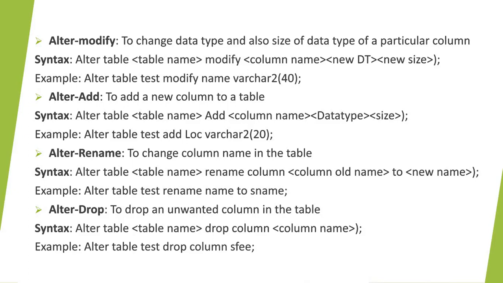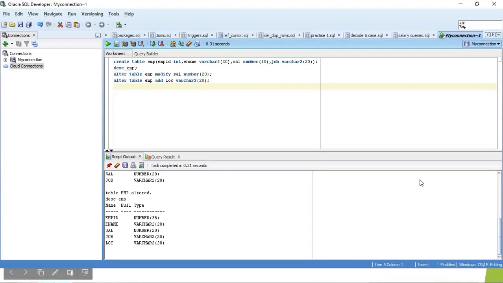Let's check. So I want to change the column name. I want to change sal to the full name salary. Here I just mentioned it shortly as sal, so I will give it as salary.